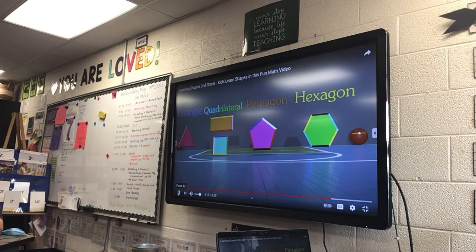That's why a quadrilateral has 4 sides and 4 angles. Pent means 5, which is why a pentagon has 5 sides and 5 angles. And hex means 6, so it has 6 sides and 6 angles. Phew, that's a lot to remember. Thanks for learning shapes with me today, guys. It's been awesome. We'll see you next time.